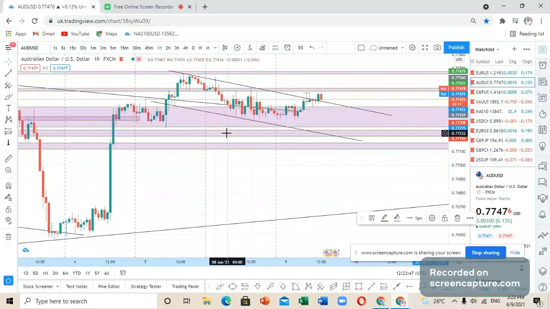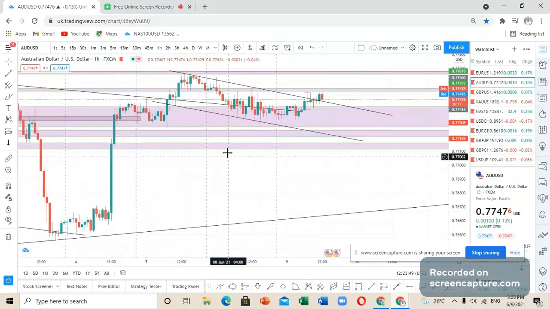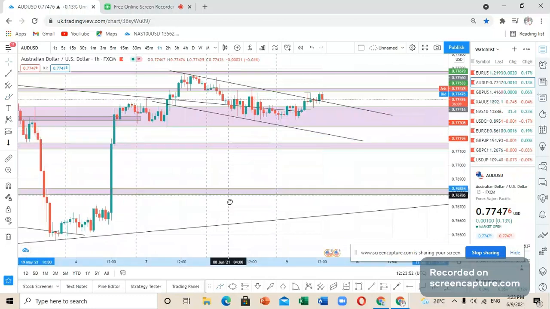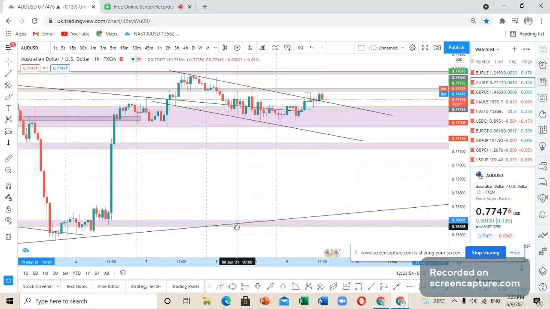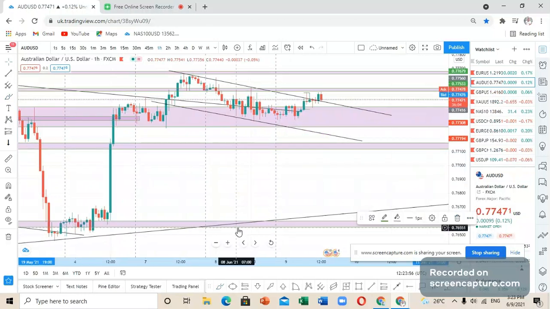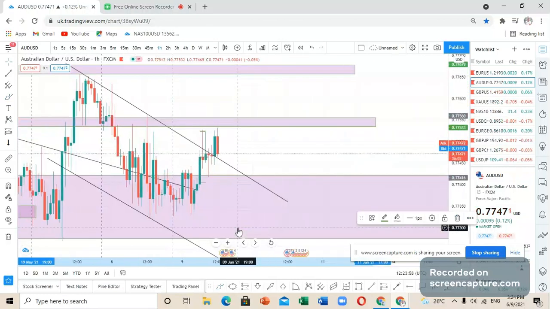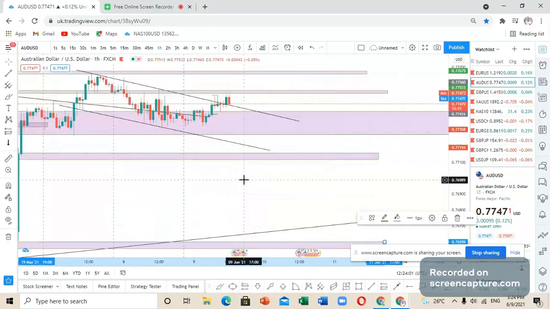So I'm expecting the markets to have a correction to this area. I'm expecting the markets to move below up to this area. That's why I've got this short position here.